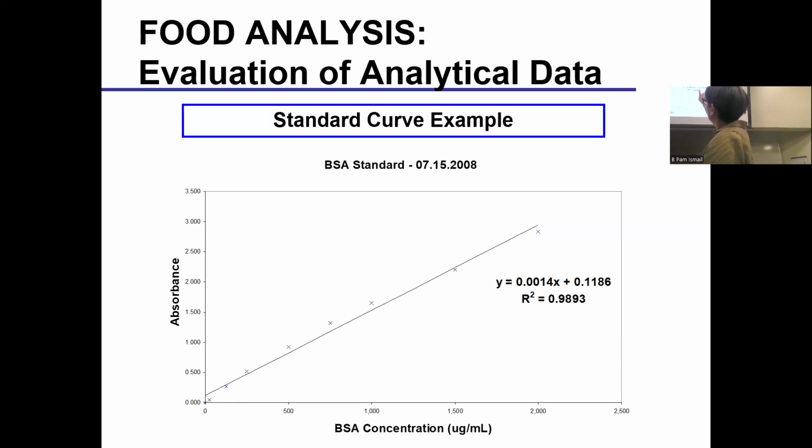Y is the absorption, X is the concentration. Then we read the absorption of the sample, we put it in as Y and we solve for X. And the higher the R squared, the more correct the X concentration is going to be, so the stronger the prediction power.